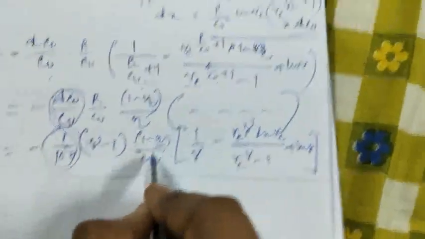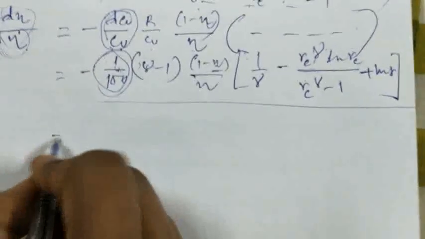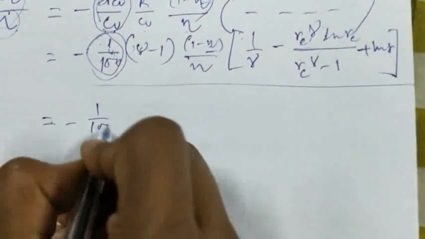Now this efficiency has been calculated already in the previous section. We have calculated the efficiency 0.649. We'll just put the value right now. 1 minus 1 by 100.